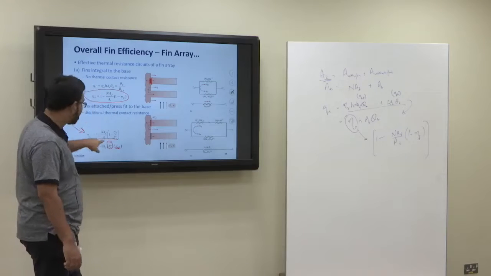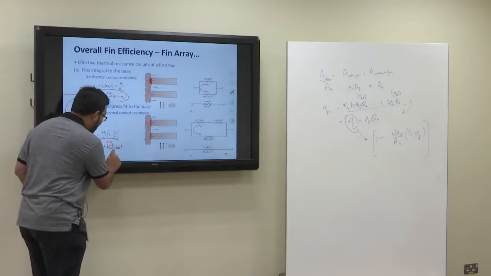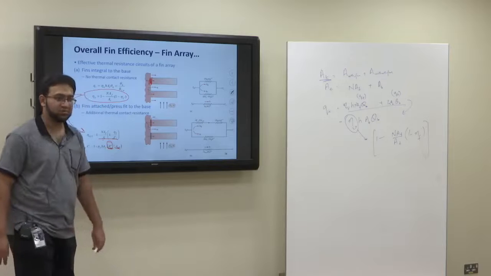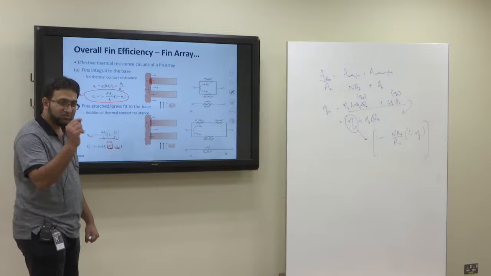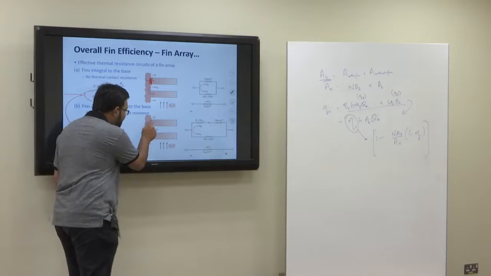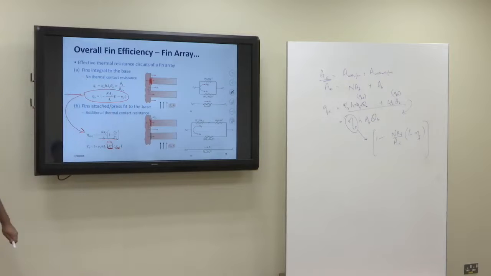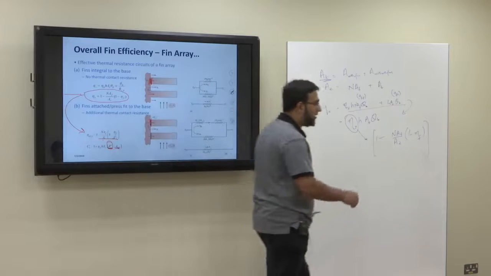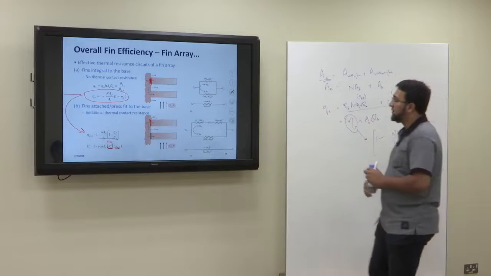If you have contact resistance, then this formula. The contact resistance will be directly provided. How much it is? That's RTC that you're going to put here, divided by ACB, the cross-section area of the base, just the place where the fin is going to be attached. Either it will be provided to you from the table or it will be directly provided to you in the question. Is it clear?